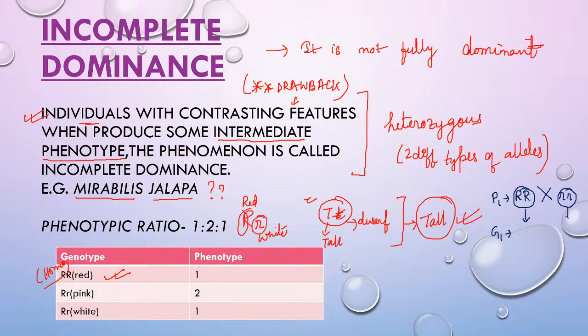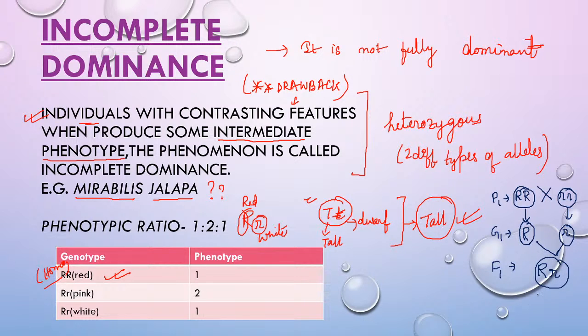Only one gamete is produced from each parent, because it is a homozygous condition: capital R from one parent and small r from the other. In the F1 generation, we find a heterozygote, capital R small r, because these two gametes are present.